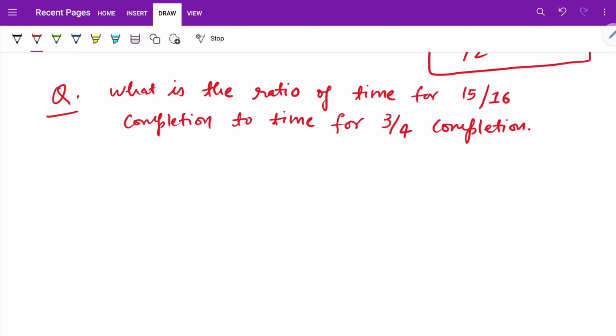So now we have to calculate two different times, first 15 by 16 and second 3 by 4, and then we have to find their ratio.